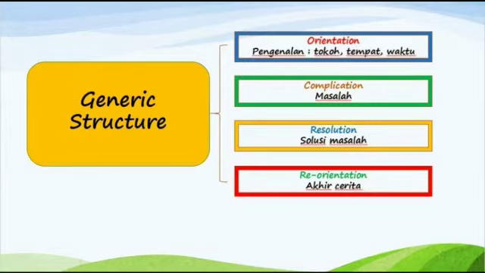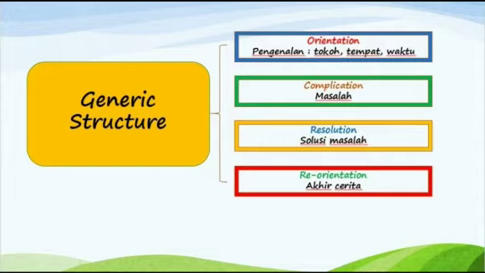Okay, next, the generic structure of narrative text. Ini merupakan struktur umum dari teks naratif. The first is orientation. Yang pertama adalah orientasi. It sets the scene where and when the story happens and introduces the participants of the story, also who and what is involved in the story. Jadi ini merupakan latar belakang dari cerita.